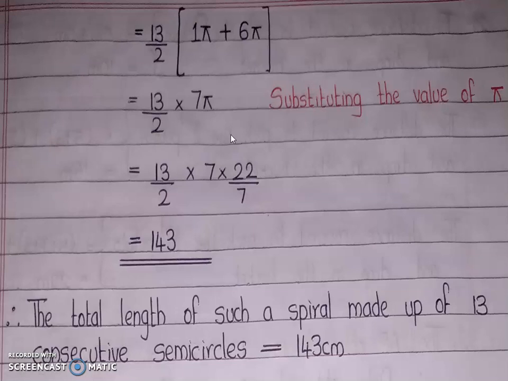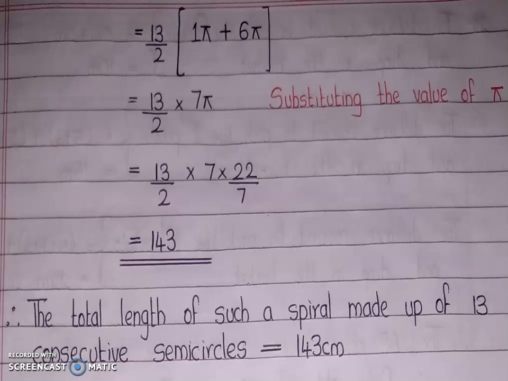What is the value of pi? 22 by 7. 13 by 2 into 7 into 22 by 7. You will get the final answer as 143. So, you should write this statement: the total length of such a spiral made up of 13 consecutive semicircles is equal to 143 centimeter.